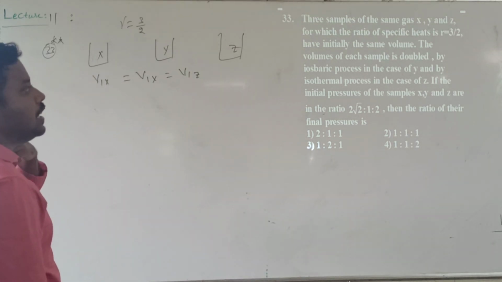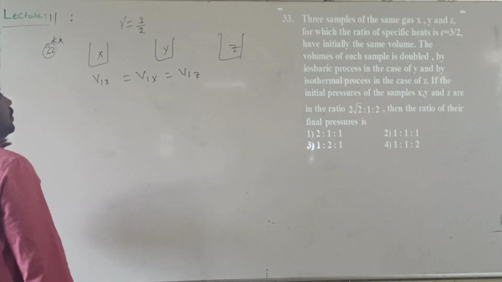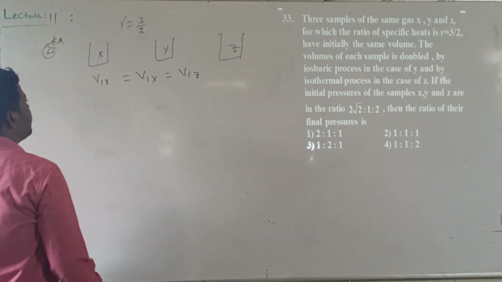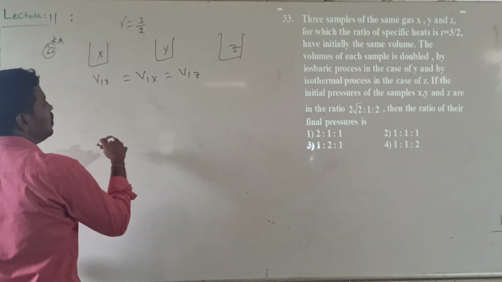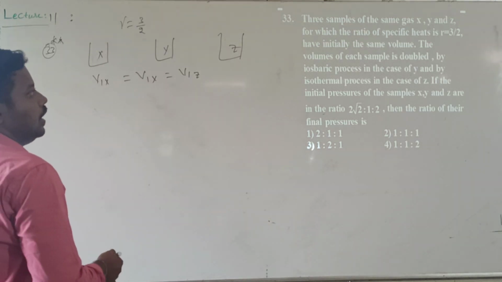The volume of each sample is doubled, so V2 is 2 times the initial volume.